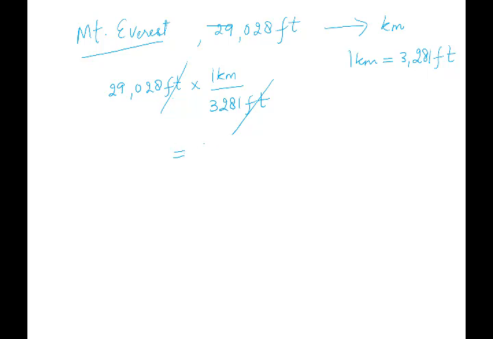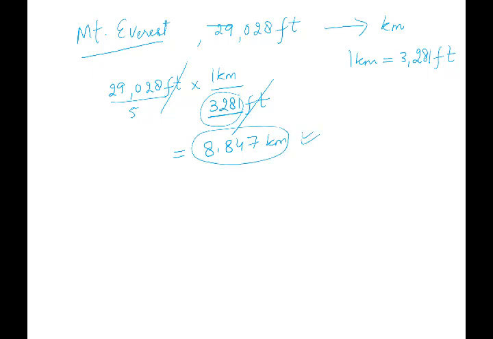Use your calculator. You can pause, and you will see that your number will be 8.847 kilometers. Our sig figs were 5, but we had 5 sig figs here and 4 sig figs in the conversion, so you can leave it in 4 sig figs as well.